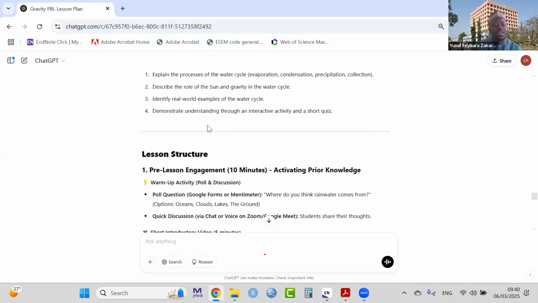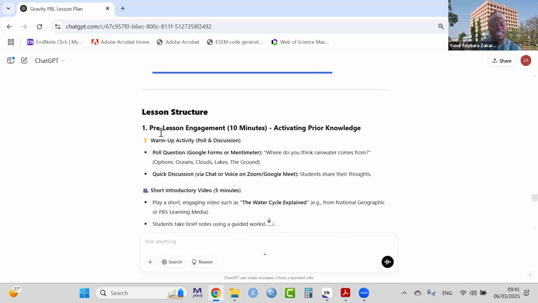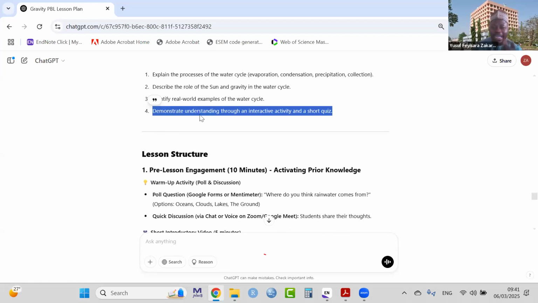So we have the learning objectives, and look at here, demonstrate understanding through an interactive activity and a short quiz. So even though understand as a verb is not used, right? But demonstrate as a verb is used. Does that mean this particular learning outcome is acceptable? I've laid that for you. Maybe you talk to me on that next time. I repeat, this particular learning outcome, right?